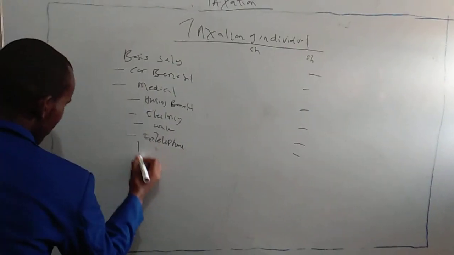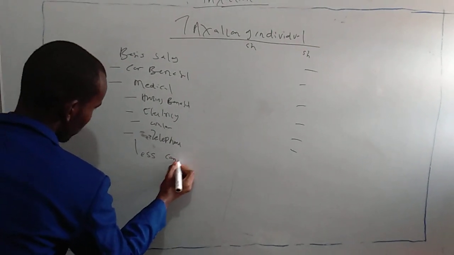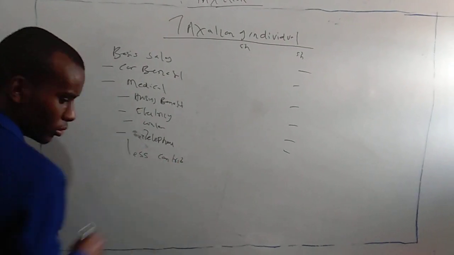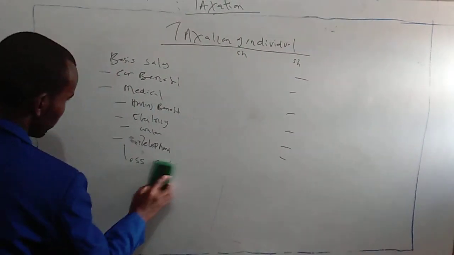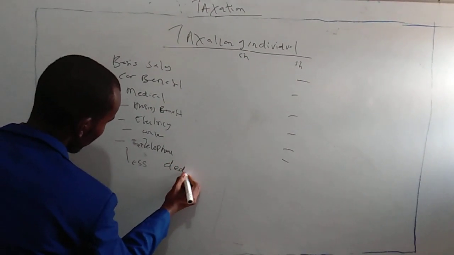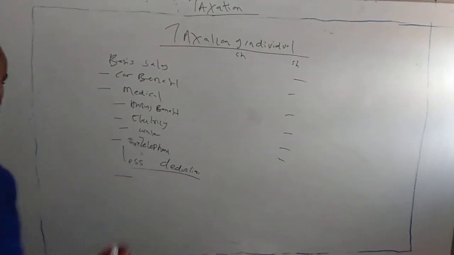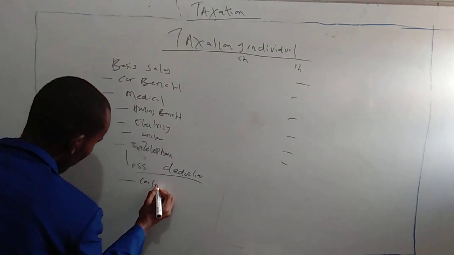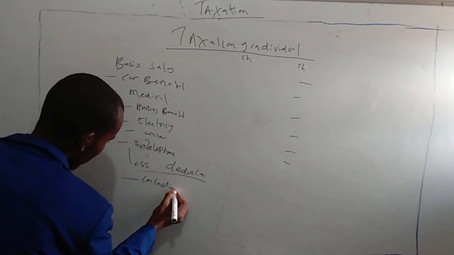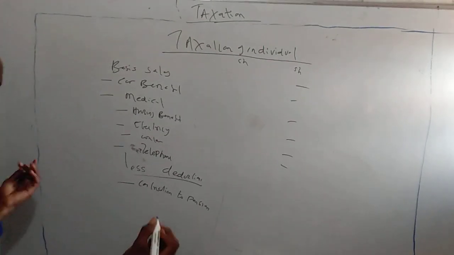Then we normally less the contributions. We say deductions. We have contribution to pension, among others.